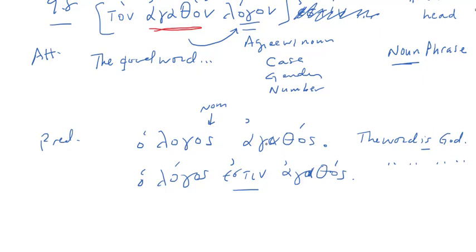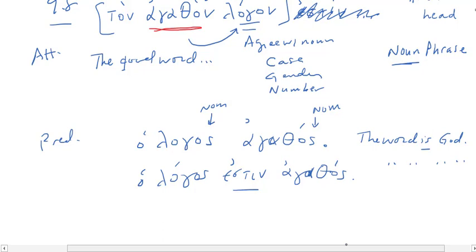Okay? What case is agathos? It's also nominative, right? Why is it nominative? Because it follows the noun in case, gender, and number. That's if it's attributive, but we're dealing with predicate uses of the adjective here.